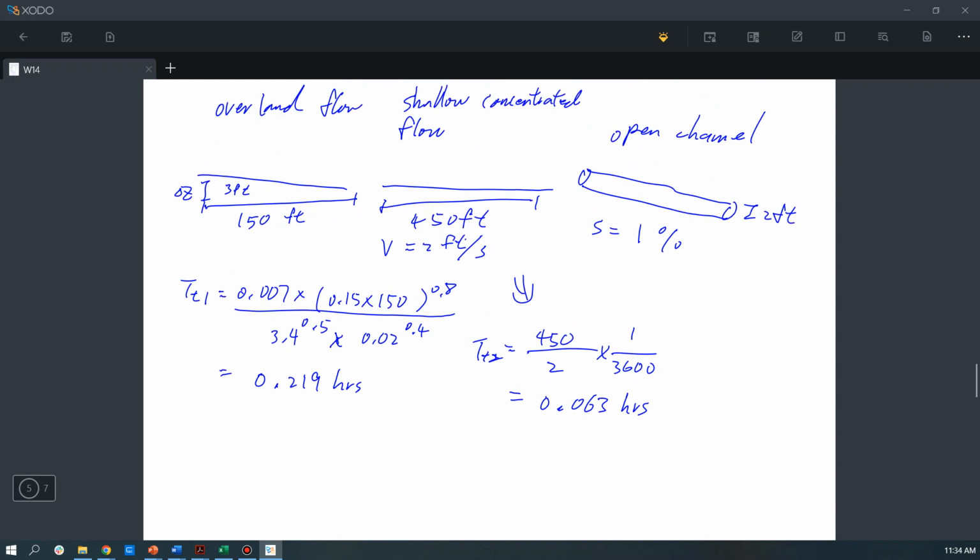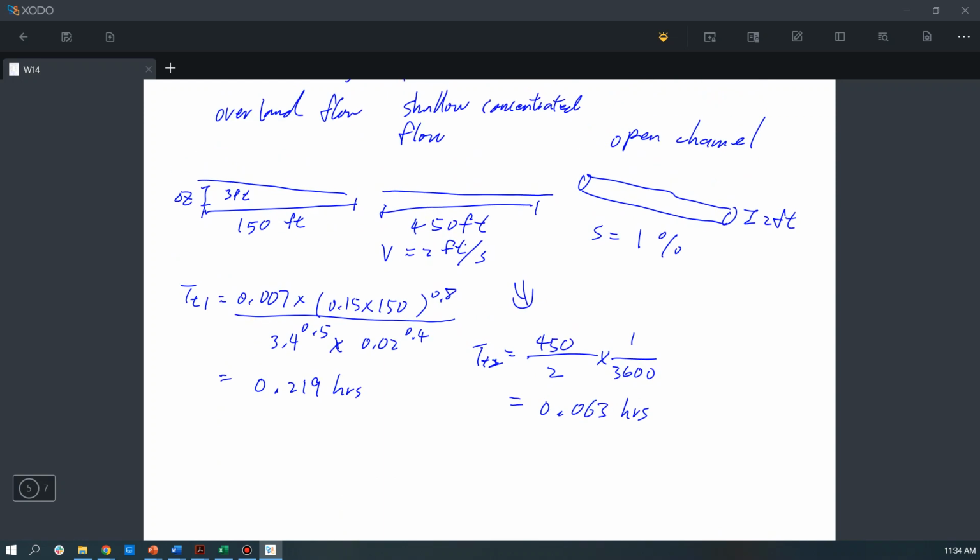And for the last part, we will use the main equation to calculate the time of concentration of this pipe. So we need to start with the velocity.